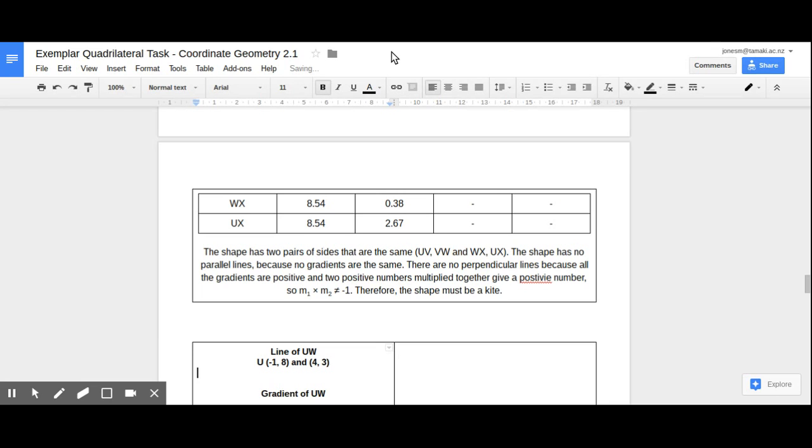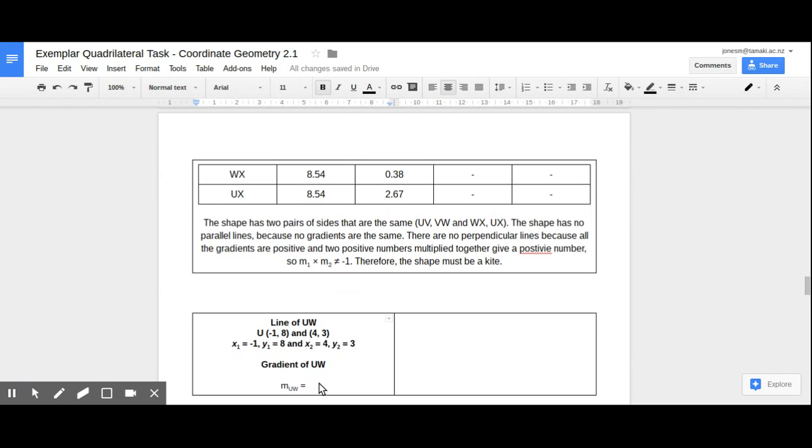So we can have our X1 is equal to -1, our Y1 equal to 8, our X2 is equal to 4, and our Y2 is equal to 3.